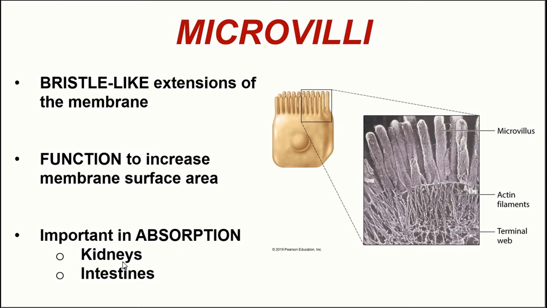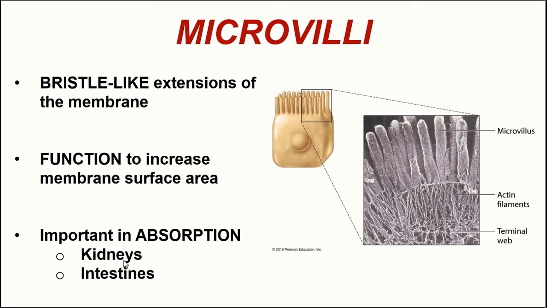So the kidney tubules are lined with cells that contain many microvilli, and their job there is to reabsorb water and small ions and things like that from the filtrate that the kidneys create, and whatever remains in that filtrate will be lost to the body as urine.